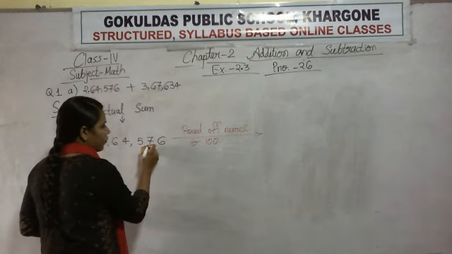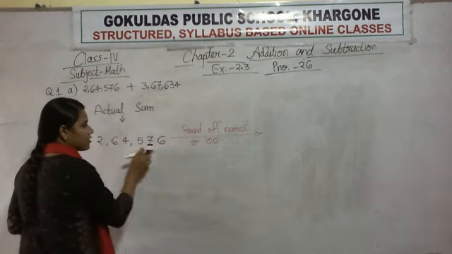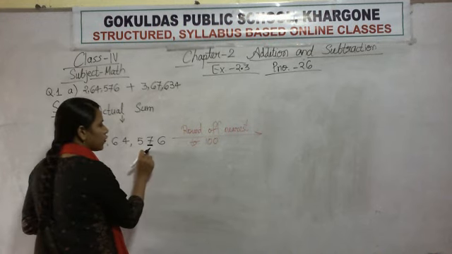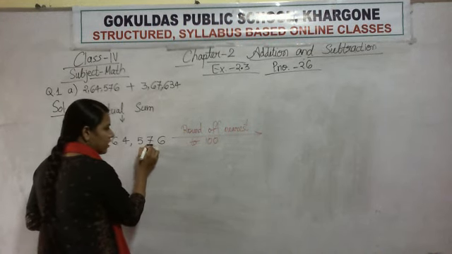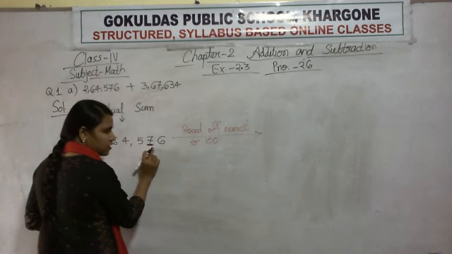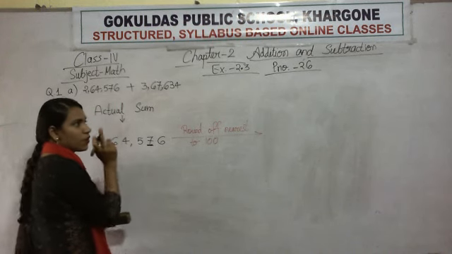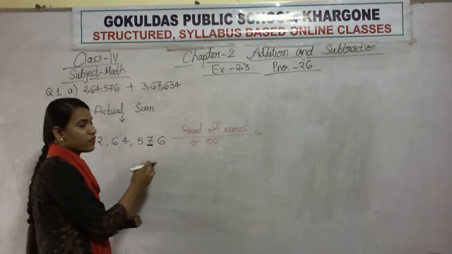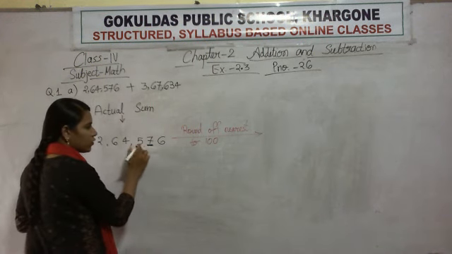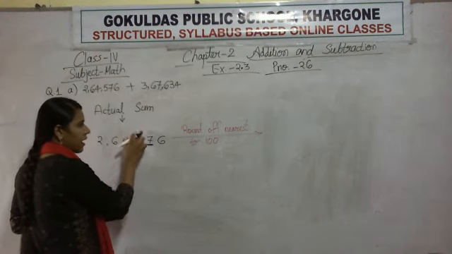Okay, so for rounding off this large number to the nearest 100, what will you do? You will check the digit just right of the hundreds place. As the digit just right is 7, what do you do? You add 1 to the hundreds place, right?